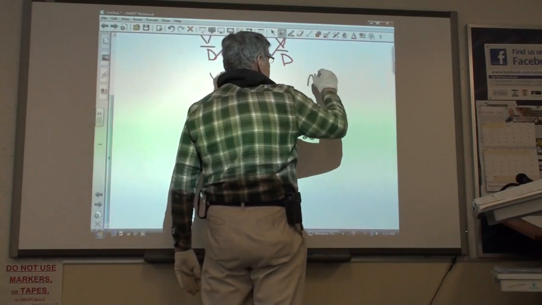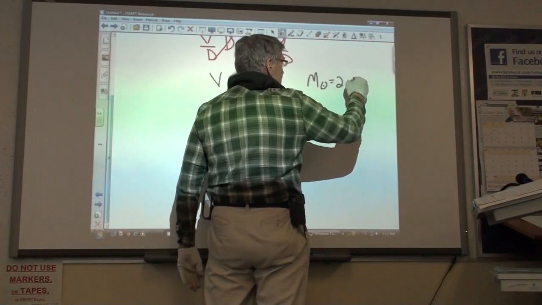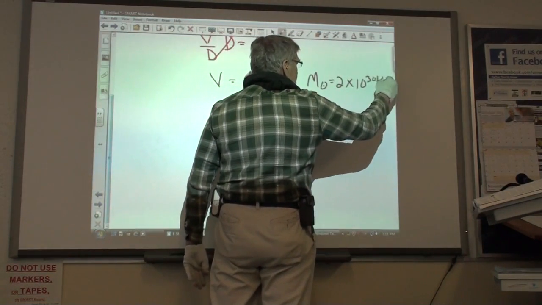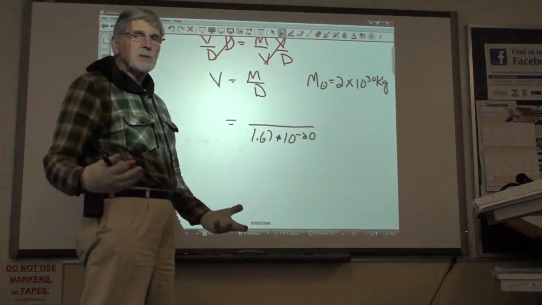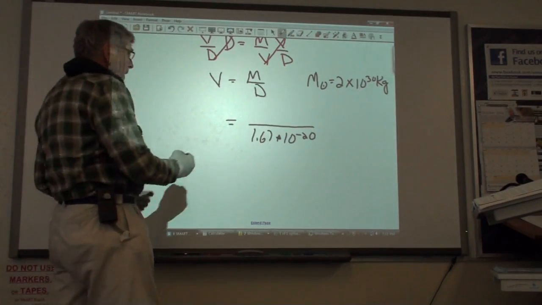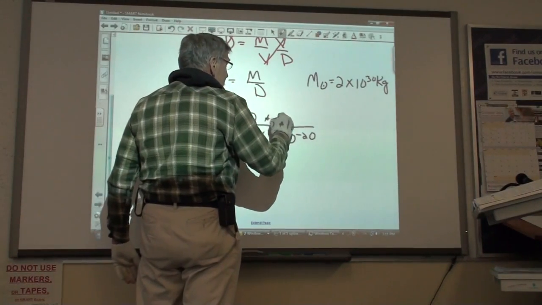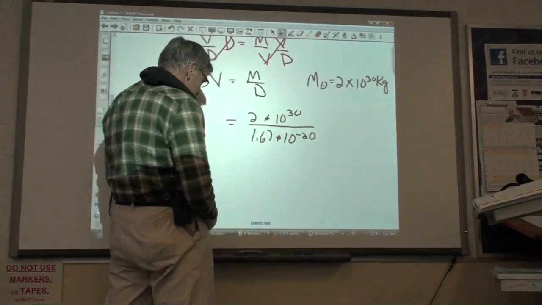And we know that the mass of the sun is equal to 2 times 10 to the 30 kilograms. We get that from the data table near the back of the book. And we have 2 times 10 to the 30th divided by this.